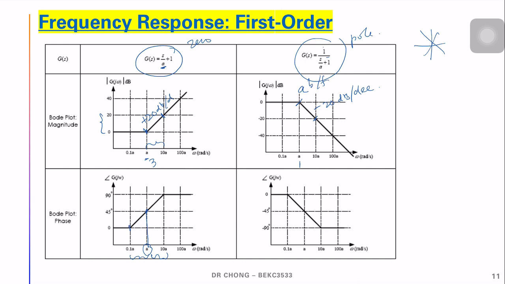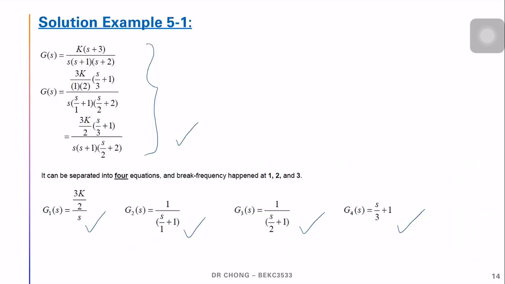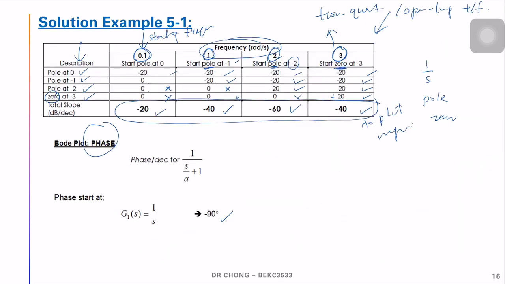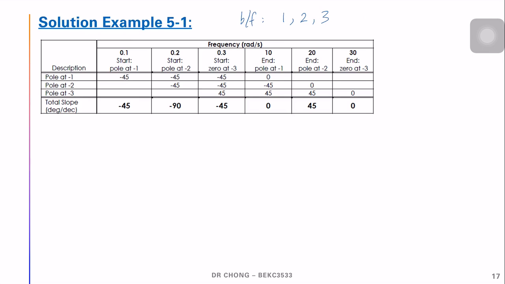So the rest of it has no change of the inclination, so only this matters. Okay, so we don't write the others because they will have the same inclination, the slope, so we only consider 0.1a and 10a. So come back from here. So if 1, I consider 0.1 and 10.